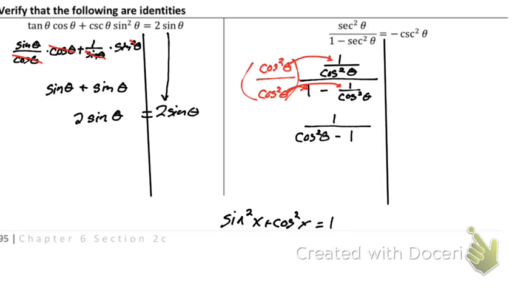I would have to subtract 1 from both sides to get cosine squared minus 1, and I would need to subtract sine squared, so that would equal 1 over negative sine squared x, which is negative cosecant squared x, which equals that negative cosecant squared x, and we are good to go.